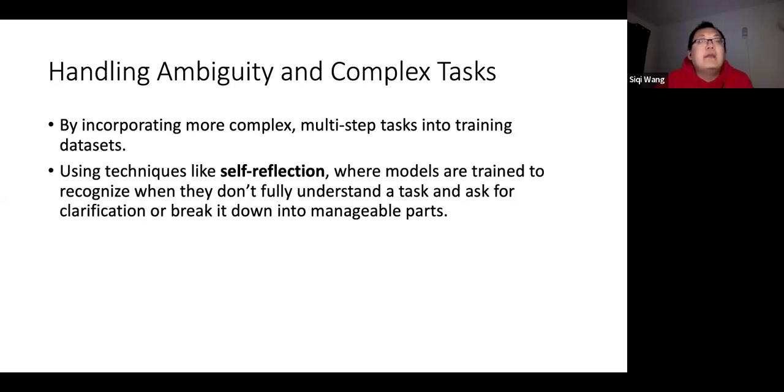By incorporating more complex multi-step tasks into training data using technique like self-reflection, where models are trained to recognize when they don't fully understand the task and ask for clarification or break it down into small parts. Handling ambiguity and complex tasks is key for model to be useful in real-world application where instructions aren't always predictable or clear.